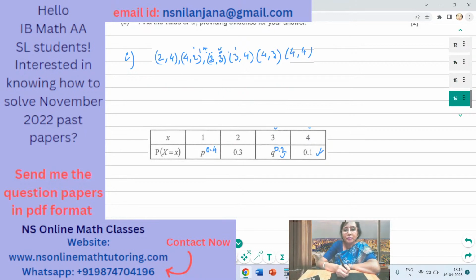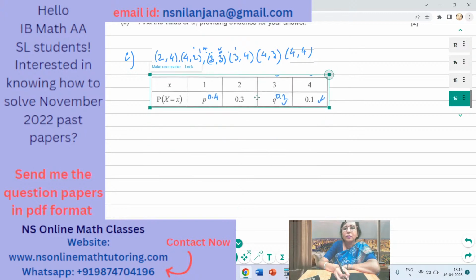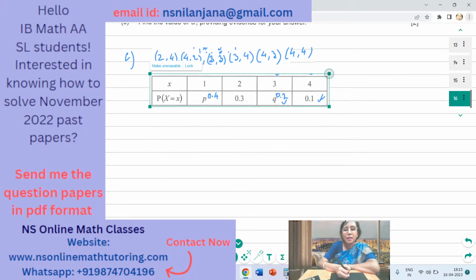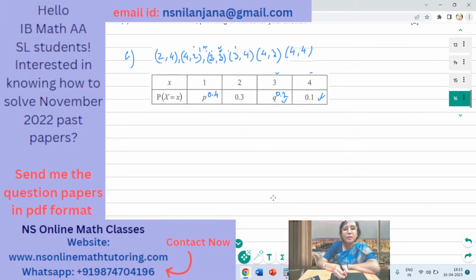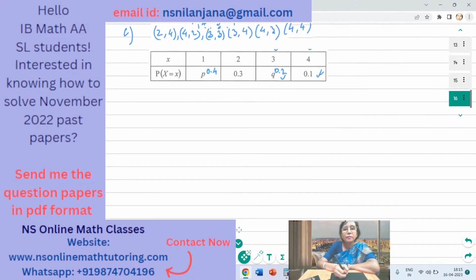So this is the probability table. Now we will be just writing the probability. For 2 and 4, it will be 0.3 times 0.1, which is 0.03.